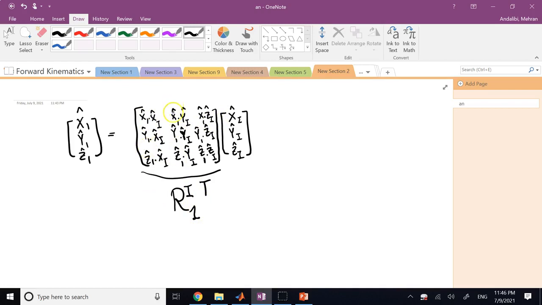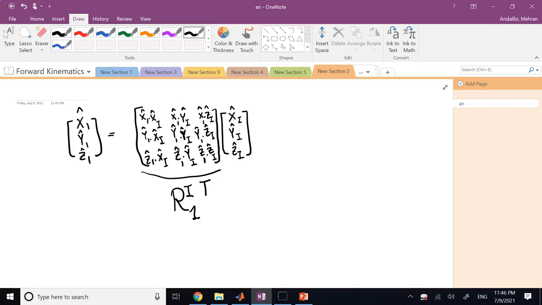The next column was all y1 projected. The next one was all z1 projected. But here, the first row is x1, the second row is y1, the third row is z1. So this is R of 1 with respect to I transpose, okay? Good, so far okay?